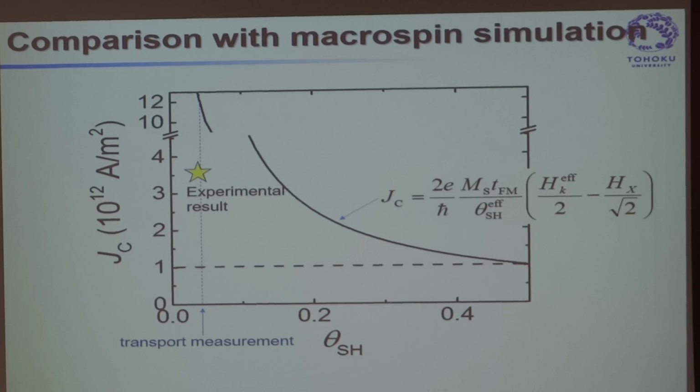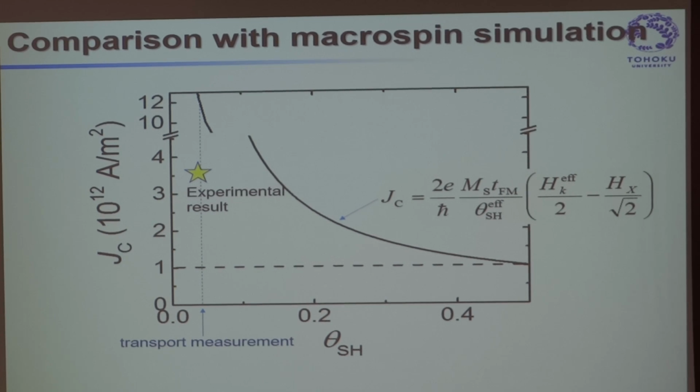So we need to understand what this is all about, and you might already have suspected, we need to include the field-like torque. And we know from the same measurement that we have 2 times larger field-like torque than Slonczewski torque.